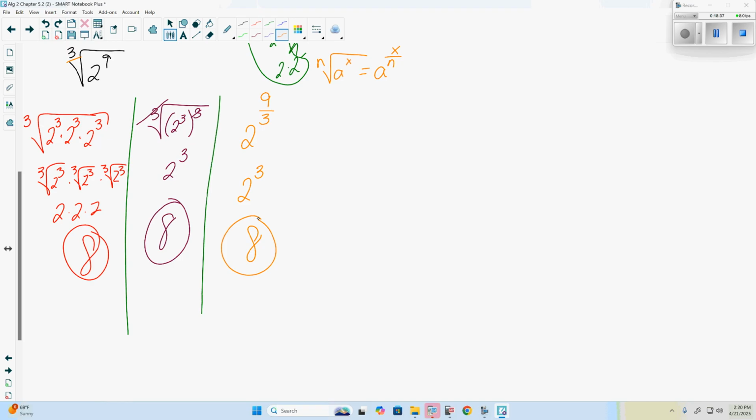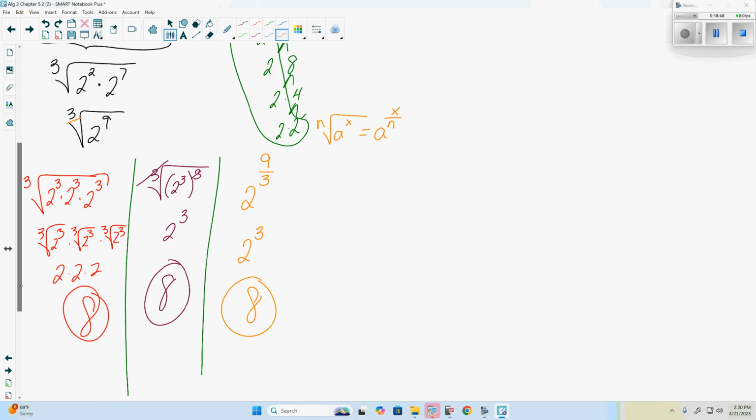If one of these 3 ways makes more sense than the others, do it. You don't have to do all 3, because all 3 of these get to the same place.